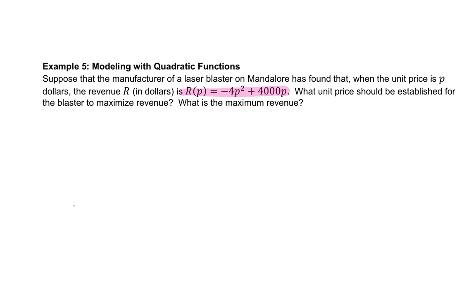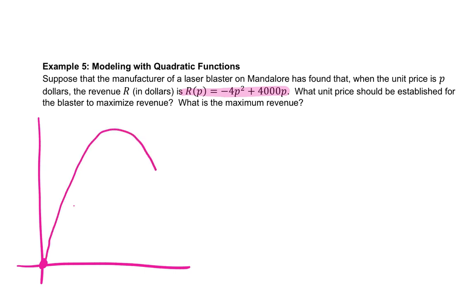All right, so think about what it's going to look like. So we're talking money. We're starting with nothing. We're going to go up to our maximum revenue, and then we're going to come back down. All right, so this is the P axis, and this is your revenue axis. So this is the cost per unit, and then your revenue, okay?